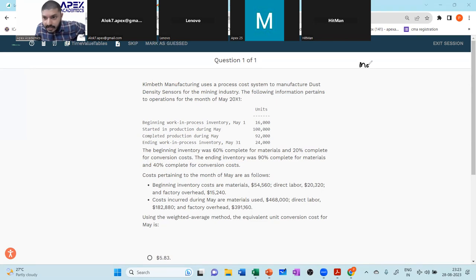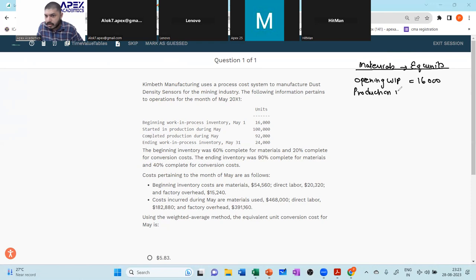Now we are looking at materials. First of all, I will want to calculate equivalent units. First, opening WIP. I can see it is 16,000 units. Then, what is the production started in the current period? 1 lakh.